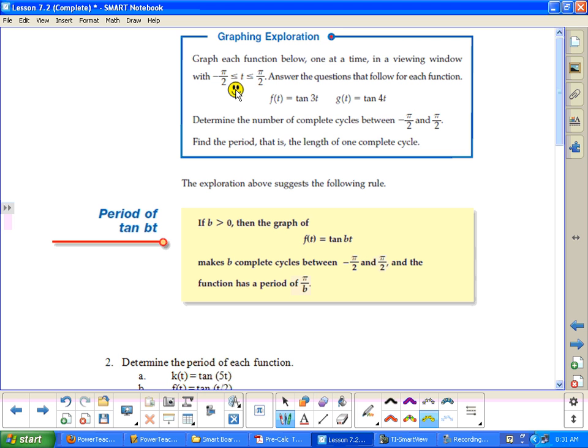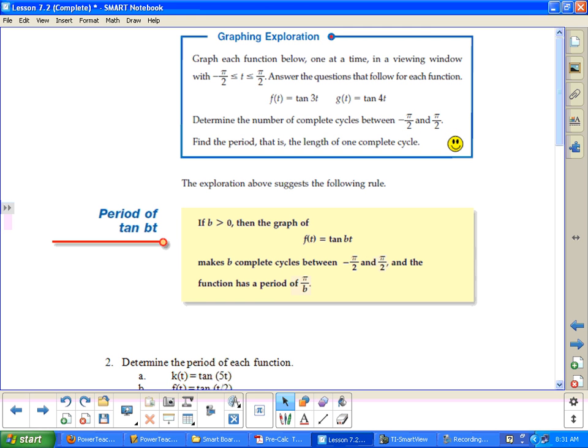So tangent repeats itself. For this one here, it repeats itself 3 times. This one repeats itself 4 times, but in a period of just pi.